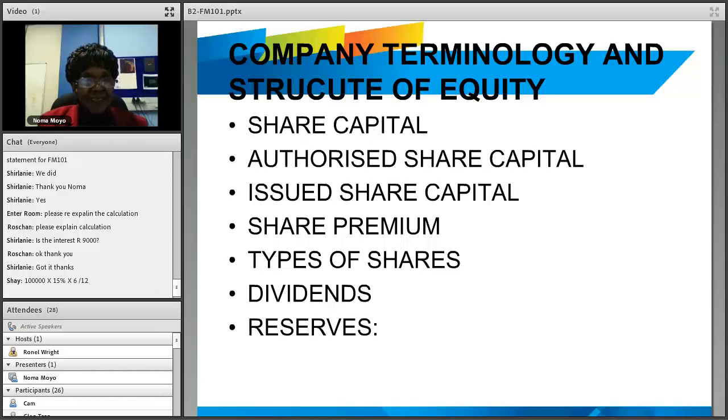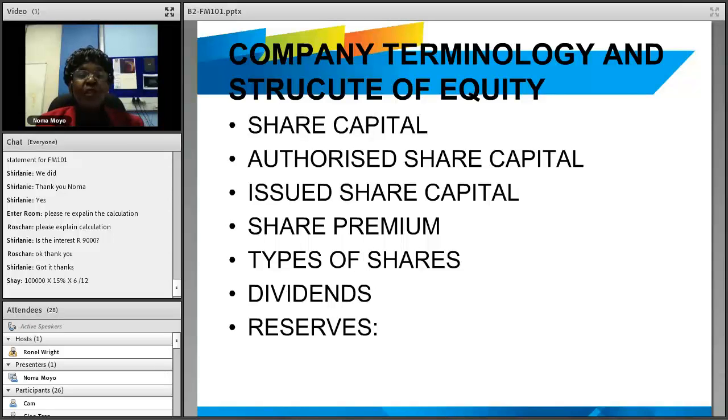We have different types of shares. We have ordinary shares. The people that buy ordinary shares are called ordinary shareholders. We have preference shares. The people that purchase preference shares are called preference shareholders. The difference is that ordinary shareholders are allowed to vote.